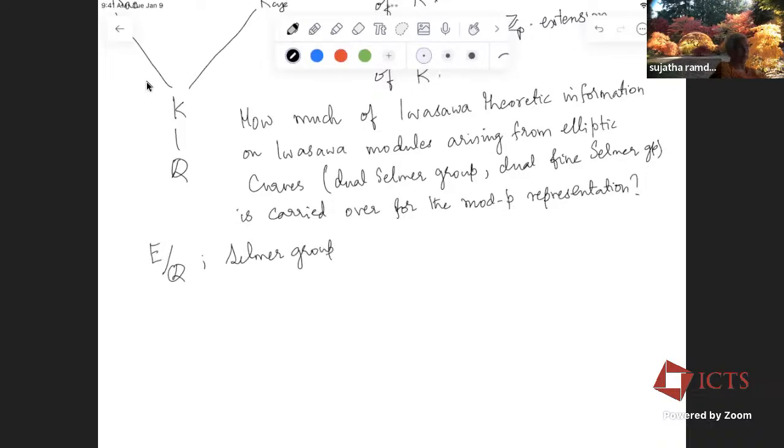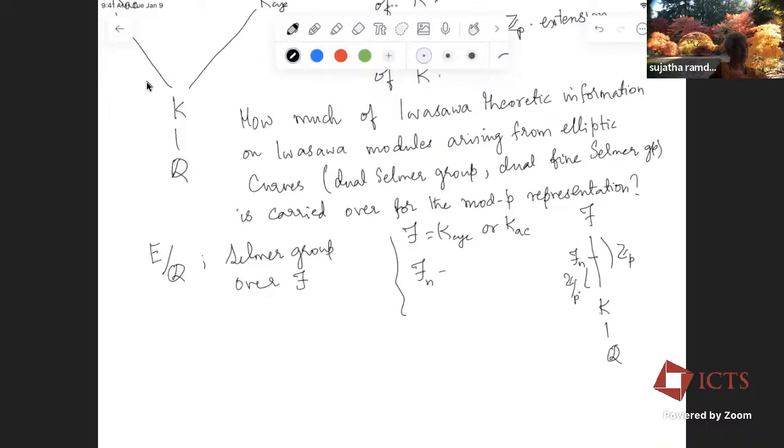Let me stick to K, the imaginary quadratic field, and I'll write F, where F can be either the cyclotomic or the anticyclotomic extension. Then we have the Selmer group over F, and I'll denote by F_n the finite layers. This is a Z_p extension, and so you have the finite layers, with Galois group Z mod p^n.